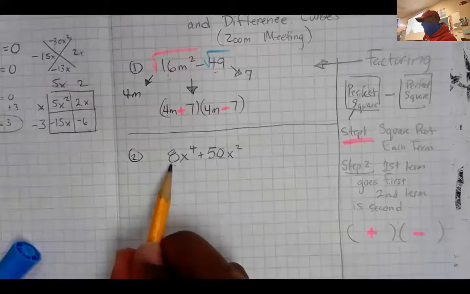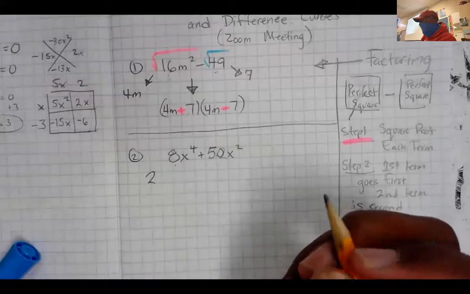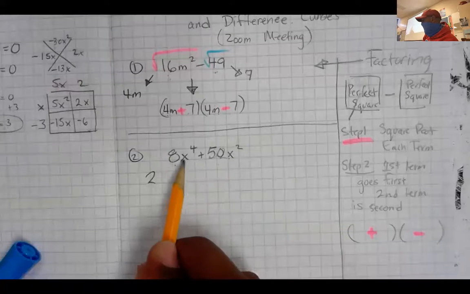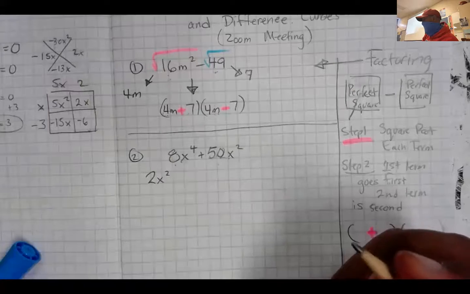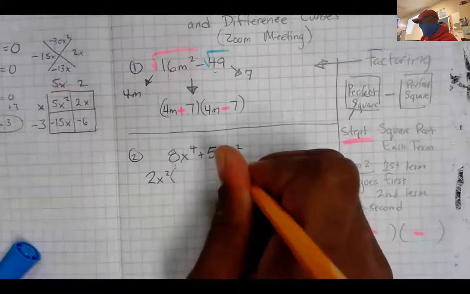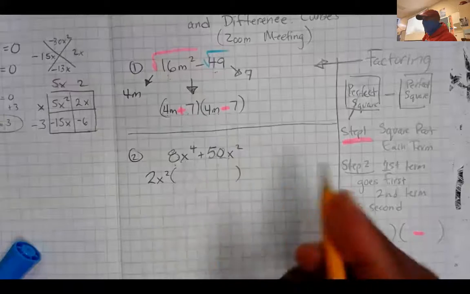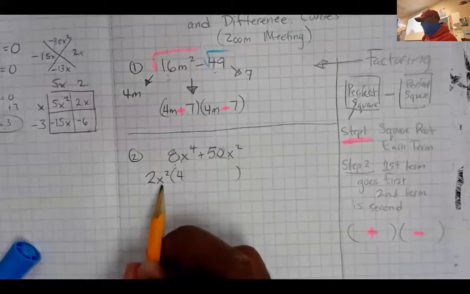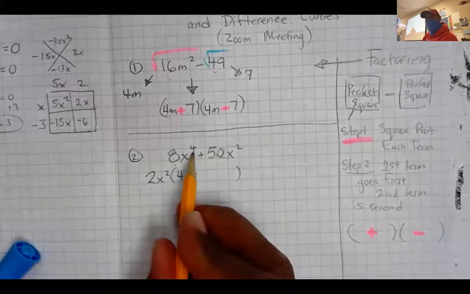Okay, so the common factor between 8 and 50, yeah, 2. And then if I'm looking at the x variable, they both have at least 2 x's, so I put 2x squared as my common factor. Now I divide this by 2, or 2 times 4, and then x squared times x squared would give me x to the 4th.